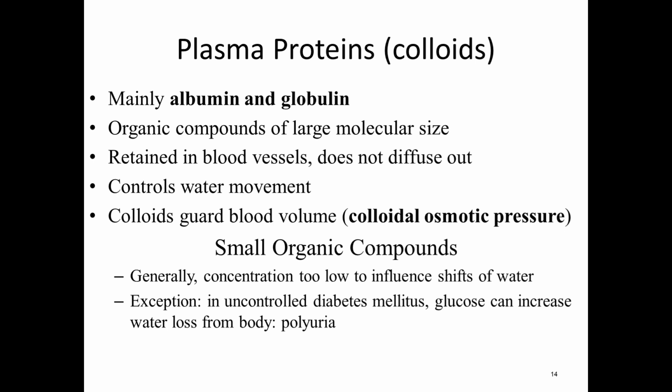When diabetes is uncontrolled, the concentration of glucose increases in the blood because insulin secretion is low, so absorption of glucose does not take place and there is loss of water from the body. That is known as polyuria.